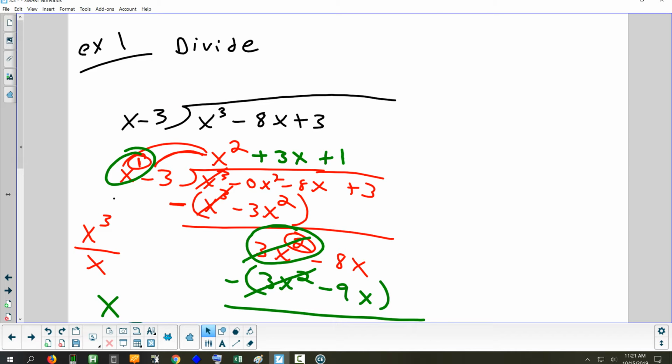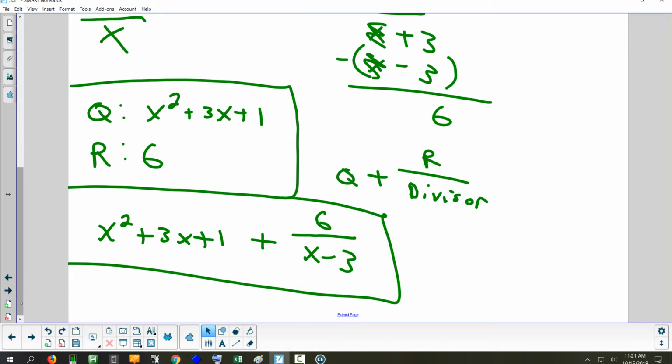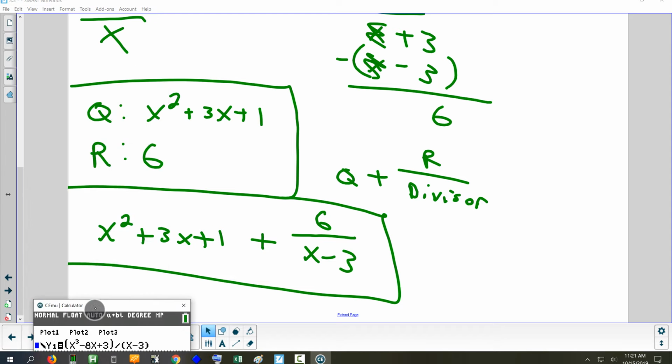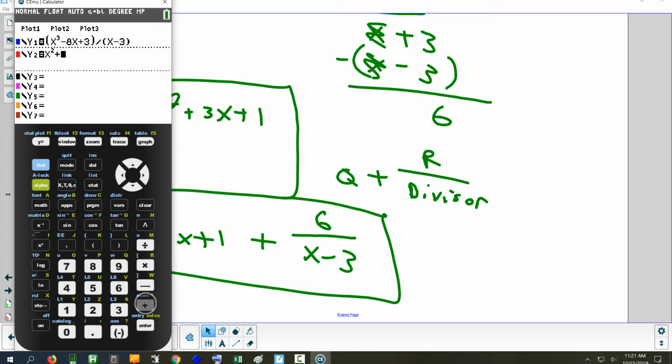Now, I'm going to type in what I think the answer is. So I think the answer is x squared plus 3x plus 1 plus, I'm going to need parentheses with that fraction. Let's try 6 divided by x minus 3.